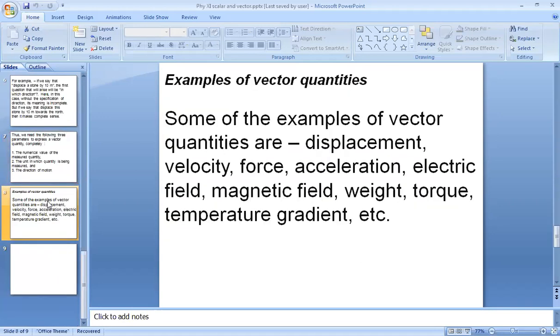Here again on the slide, the examples of vector quantities are shown for your convenience. You can see that very well.